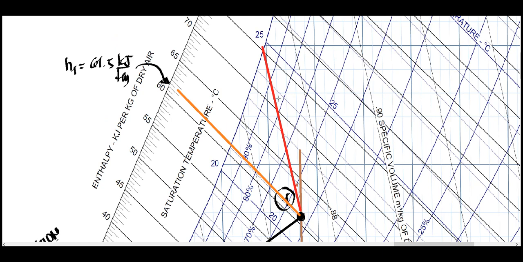So we can predict that the specific volume will be around 0.87 cubic meter per kilogram of dry air.